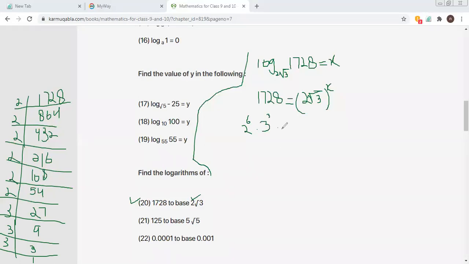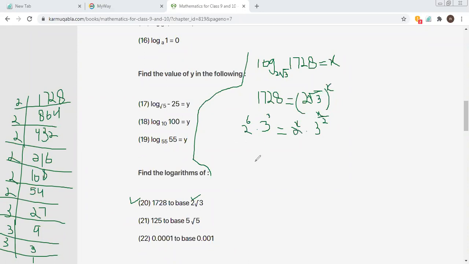Okay, class, this is equal to the bracket; apply the power on each term inside the bracket like this. It becomes x upon 2. Is there any confusion, class? यहाँ तक कोई problem? Open bracket, apply whole power.